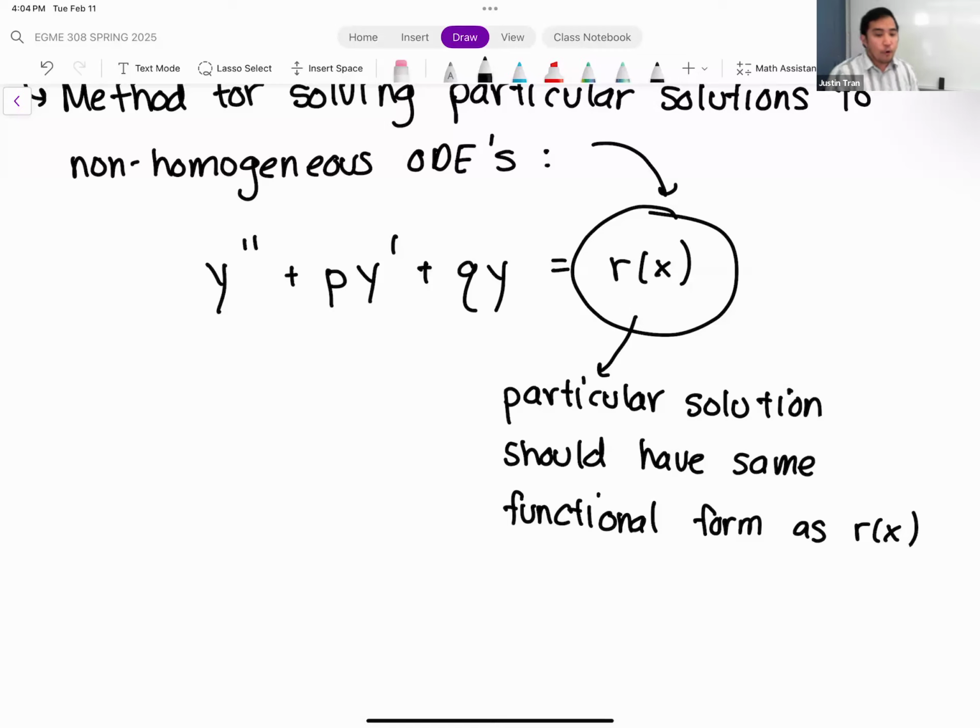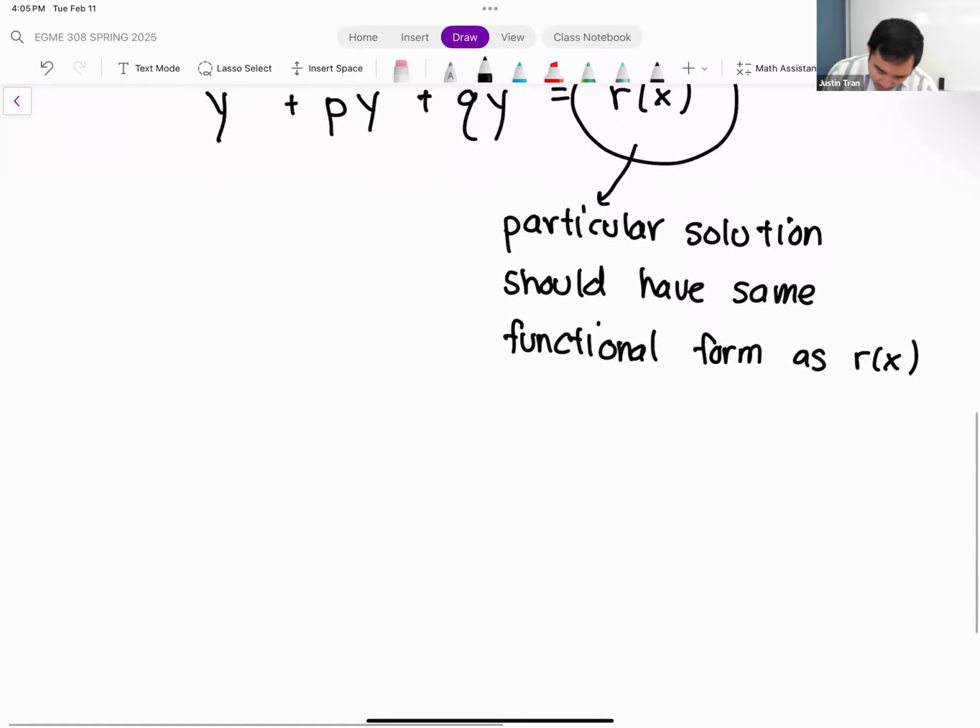Okay, so whatever form that right-hand side term is, we're going to guess a similar function. The only difference is that our similar function is going to have undetermined coefficients. Okay, so that was the whole crux of the whole thing. So let's do an example.